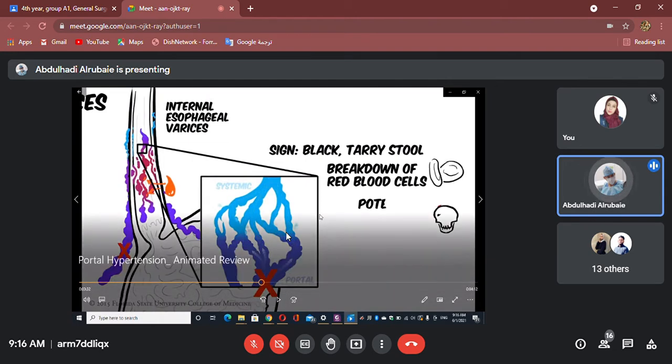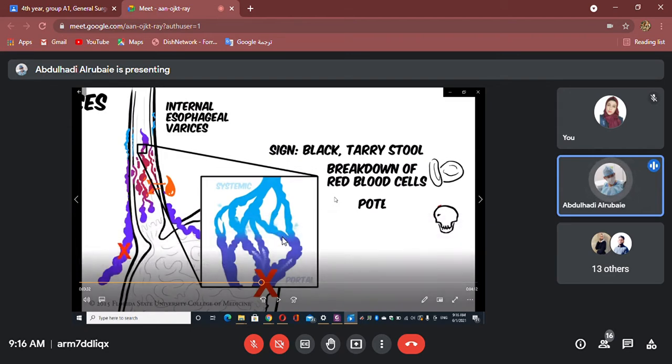Here, of course, the signs and symptoms of portal hypertension: the patient may start with signs of anemia and the presence of tarry stool, black tarry stool, as a result of upper GIT bleeding.